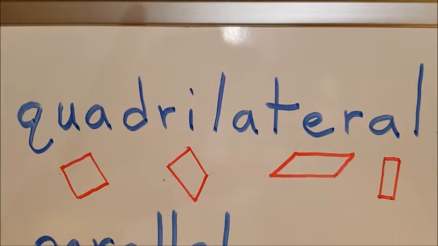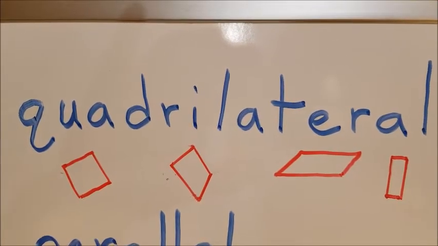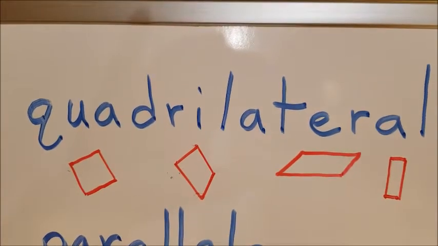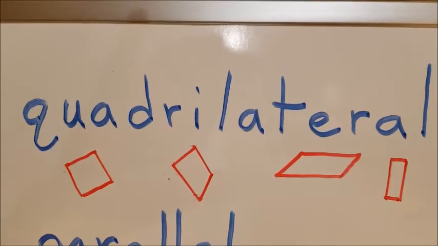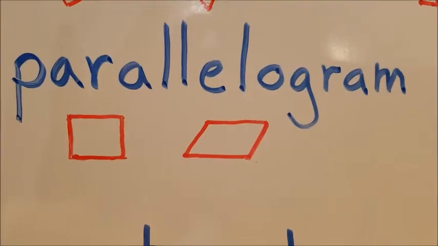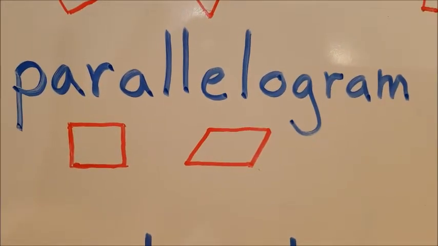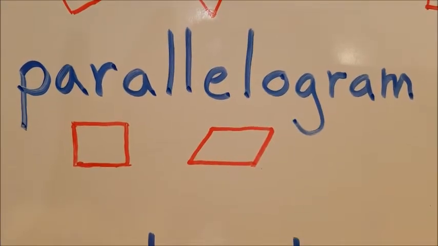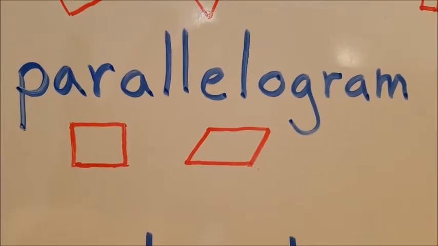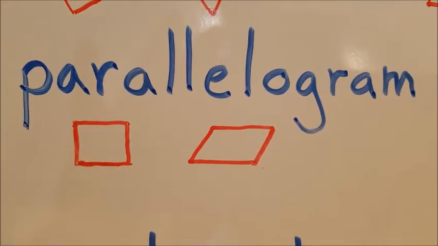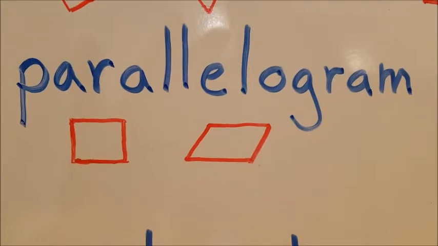A quadrilateral is a polygon with 4 sides. There are some examples right there. A parallelogram is a quadrilateral with pairs of opposite sides that are parallel, like those two examples.